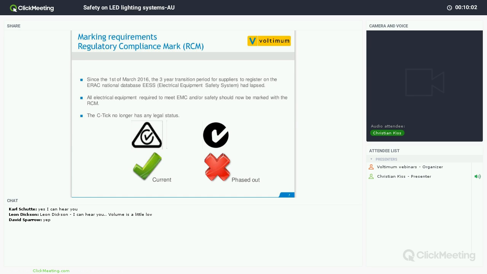So effectively, like I said before, all electrical equipment required to meet EMC or safety should now be marked with the RCM. The old C-tick has been phased out since 2016. Some old legacy products may be sold through with it, but any products entering the market now should have the RCM on them, and the C-tick no longer has any legal status.